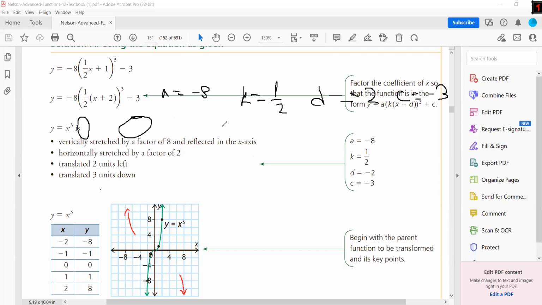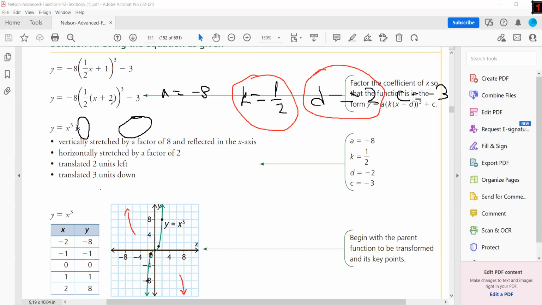And now it's getting horizontally stretched by a factor of 2. Remember, we discovered this effect of this coefficient on the shape of a graph. So horizontally stretched by a factor of 2. And finally, d is -2.